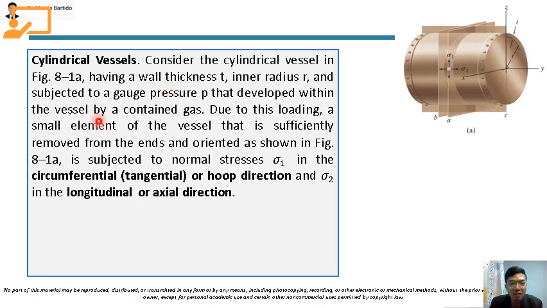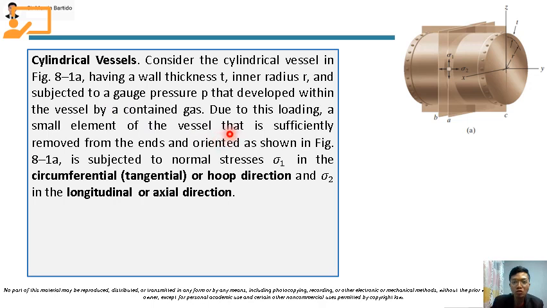And this vessel is subjected to a gauge pressure P that develops within the vessel by a contained gas. Of course, if you fill a vessel with gas or with a liquid, there will be a pressure caused by that contained gas or liquid.